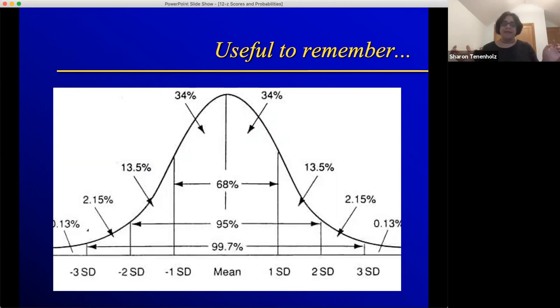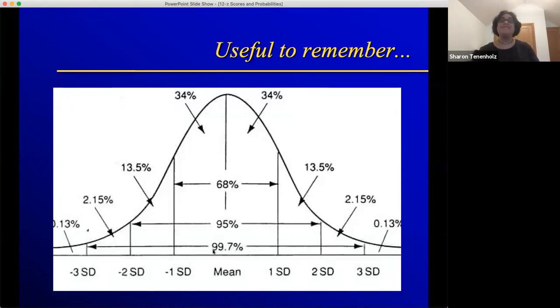We just calculated the percentage of scores that fall within 2 standard deviations of the mean, and it is right around 95%, as is shown here. So here are the numbers that are useful to remember. About 2/3 of people, 68%, which is just above 2/3, fall within 1 standard deviation of the mean. 95% of people fall within 2 standard deviations of the mean on any given normal measure.